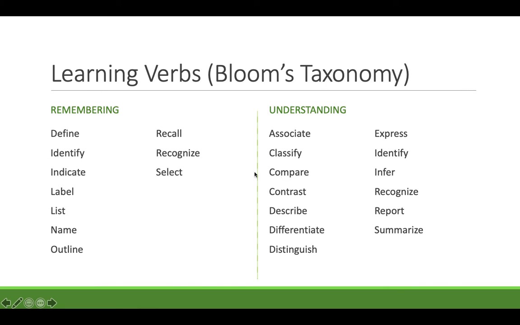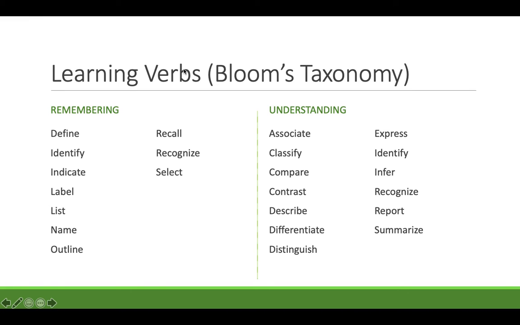Say, identify is in understanding, and it's also in remembering, and that depends on the context of how you're using the verb. So just consider that as you're seeing those multiple verbs out there. It's how you use it that helps it belong to one level versus another. So these are remembering and understanding, the bottom 2 levels of Bloom's taxonomy.